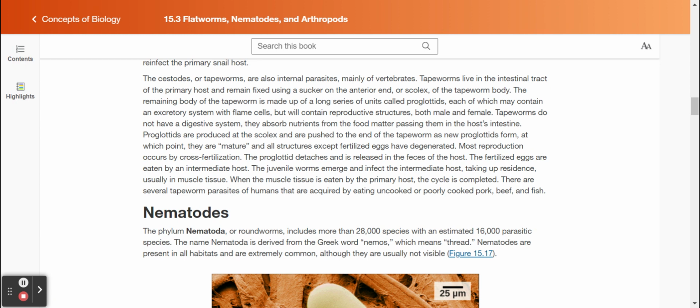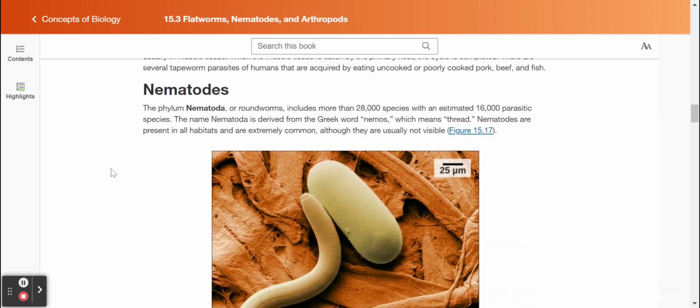The juvenile worms emerge and infect the intermediate host, taking up residence, usually in muscle tissue. When the muscle tissue is eaten by the primary host, the cycle is completed. There are several tapeworm parasites of humans that are acquired by eating uncooked or poorly cooked pork, beef, and fish.